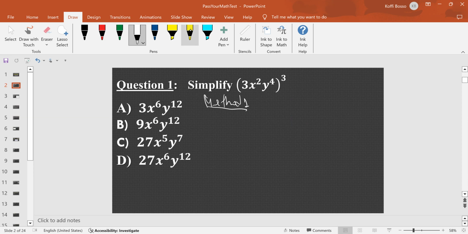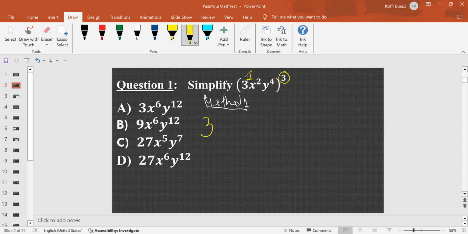That means the 3 we are seeing outside is a power, and the one inside has an invisible power of 1. Based on the exponential method, we take everything inside the parentheses and multiply by the outside power.